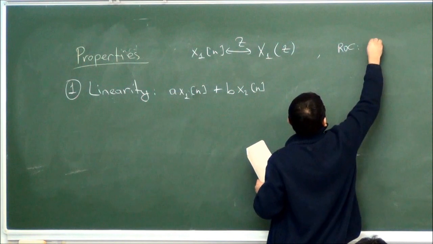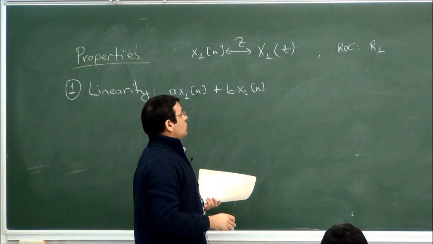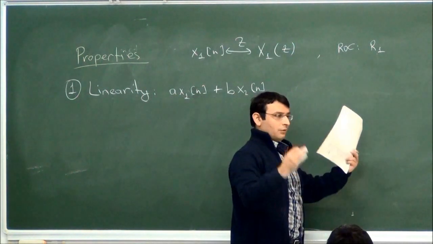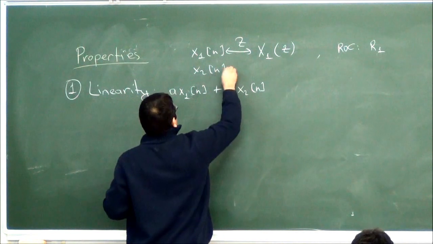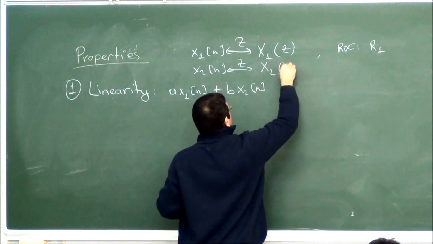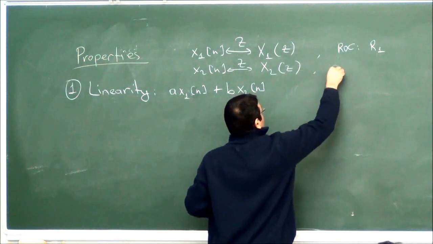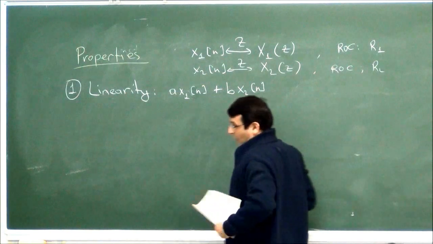It is R1, a region given to us, and this R1 specifies a region in the Z plane. What about x2[n]? The Z transform of x2[n] is X2(z), and its region of convergence is specified as R2.